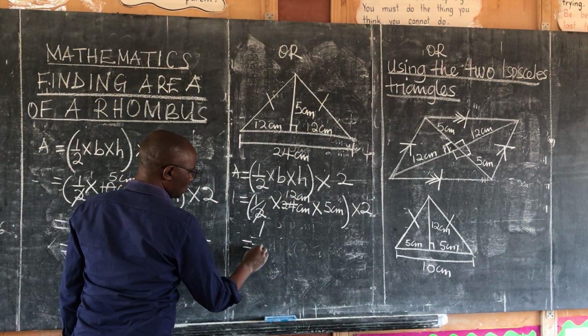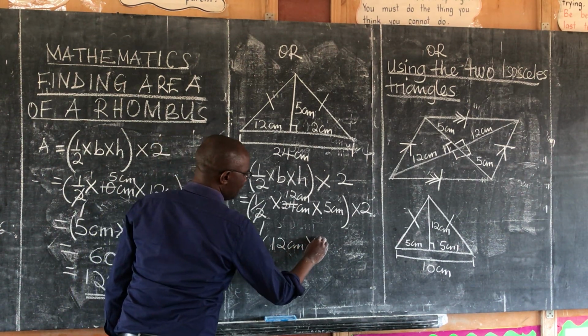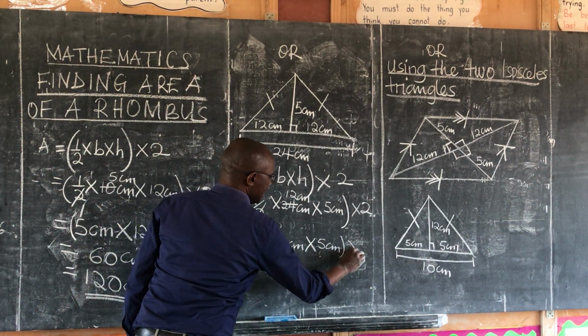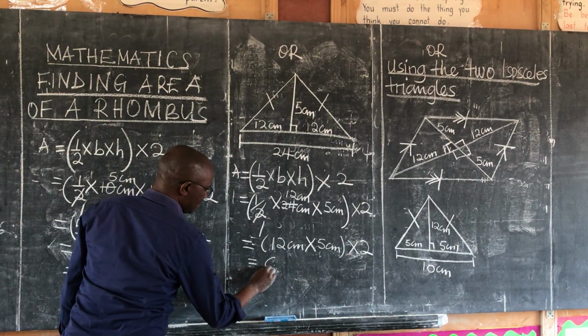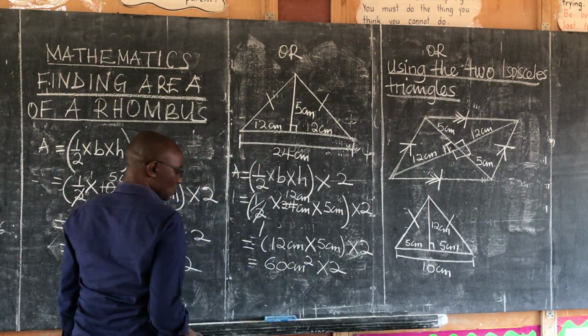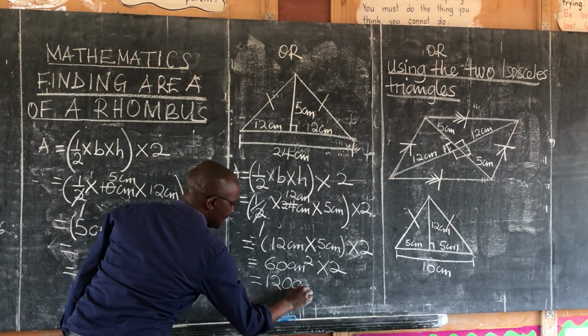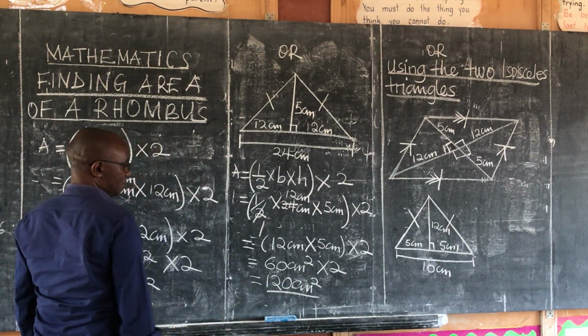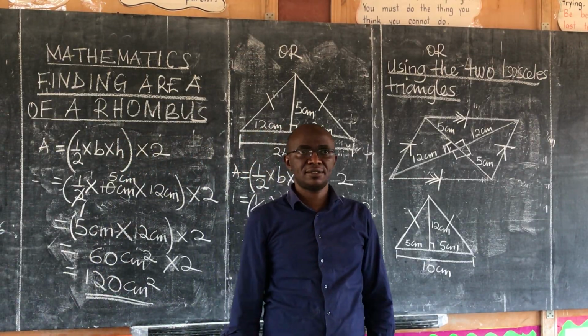So which is equal to 12 centimeters times 5 centimeters times 2, which is 60 centimeters squared times 2. 2 times 60, we end up with 120 centimeters squared.